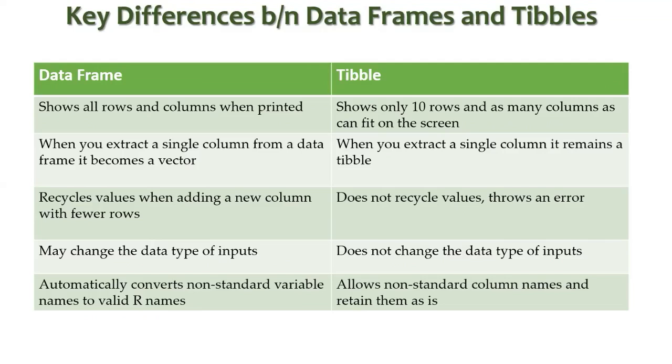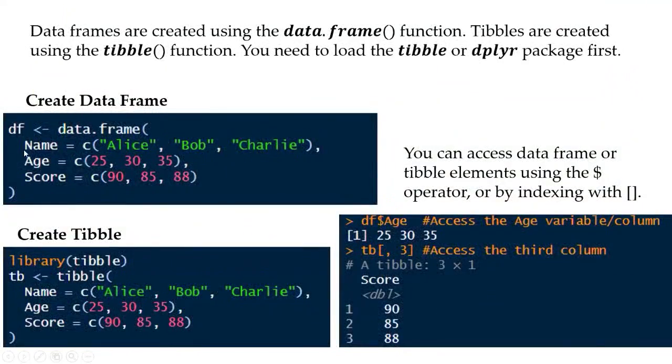The last one is that it automatically converts non-standard variable names to valid R names. The non-standard variable names, as I said, you cannot start a variable with a number, or you cannot leave spaces in a variable name. When you do that to create a data frame, like say this name here, if I had started with a number, let's say 1name, then the data frame will automatically correct the 1, and maybe put X there or something.